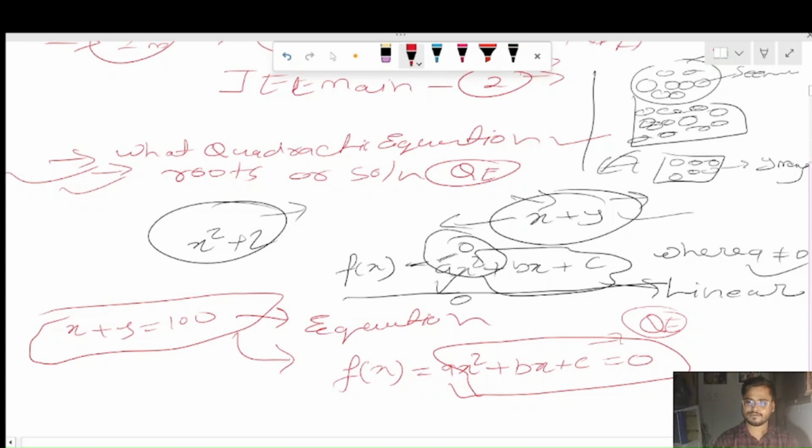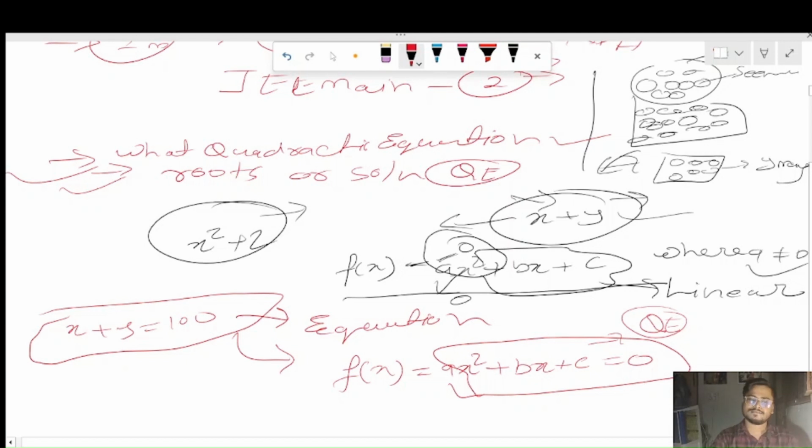Okay. So you guys may be thinking, why are we learning this quadratic equation? Why do we need to learn this? This is used to solve many things.